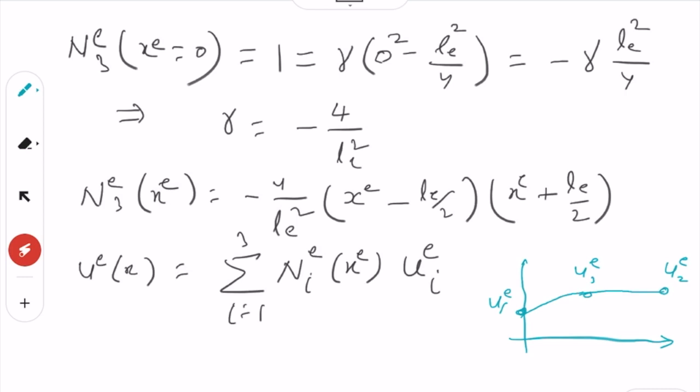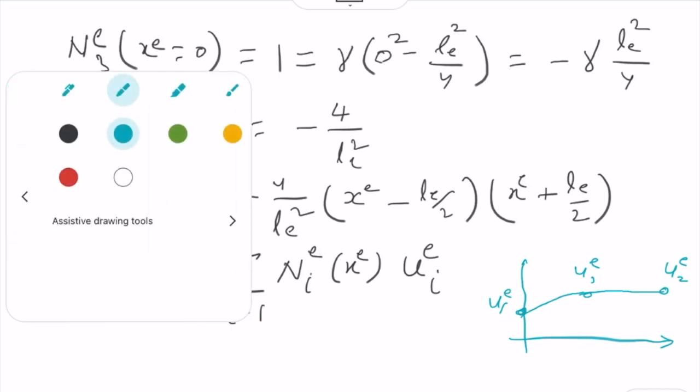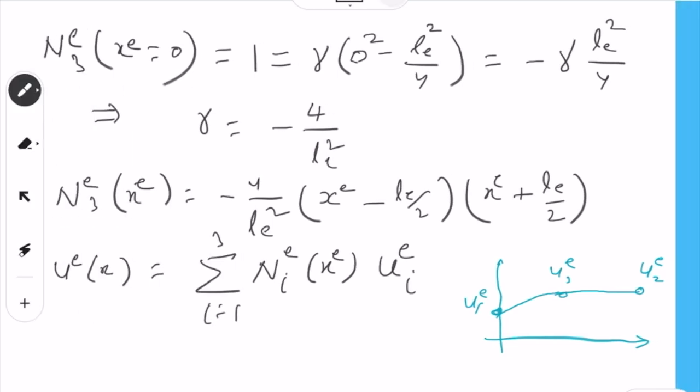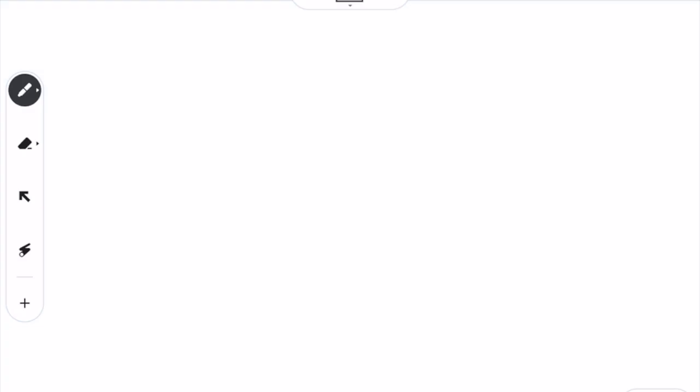So this is what the shape function is, and given this, we can solve one small example based on it. Let us say we have an element like this.